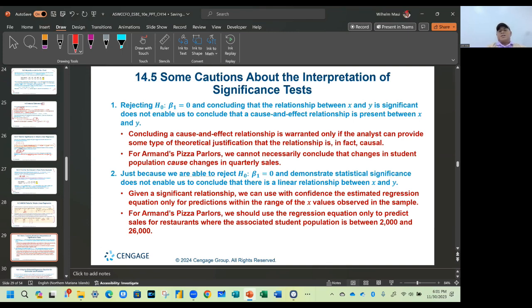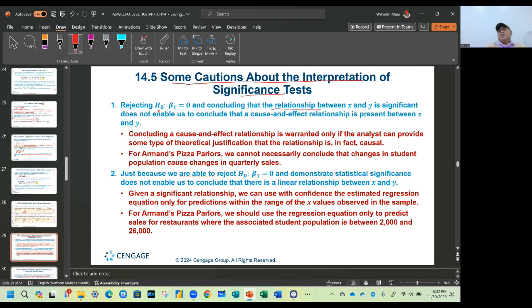But some caution is in order when we're using linear regression. Rejecting the null, which is beta 1 equals 0, means that it's not equal to 0, that you're now establishing a relationship between the two variables.